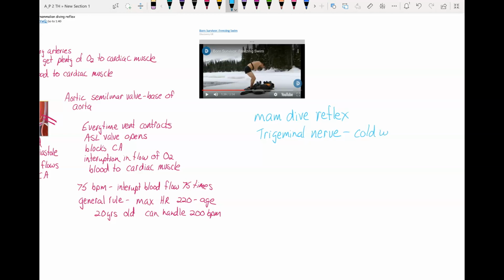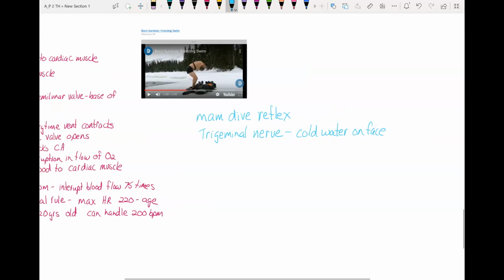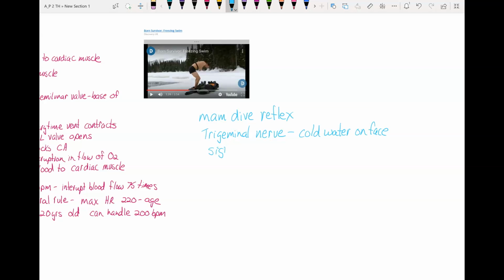So if cold water touches your face, your trigeminal nerve will send a signal to the medulla oblongata. And your medulla oblongata will then send a signal through the vagus nerve, hopefully you remember this one from chapter 13 also, to secrete acetylcholine onto your heart, and this will cause your heart to slow down.